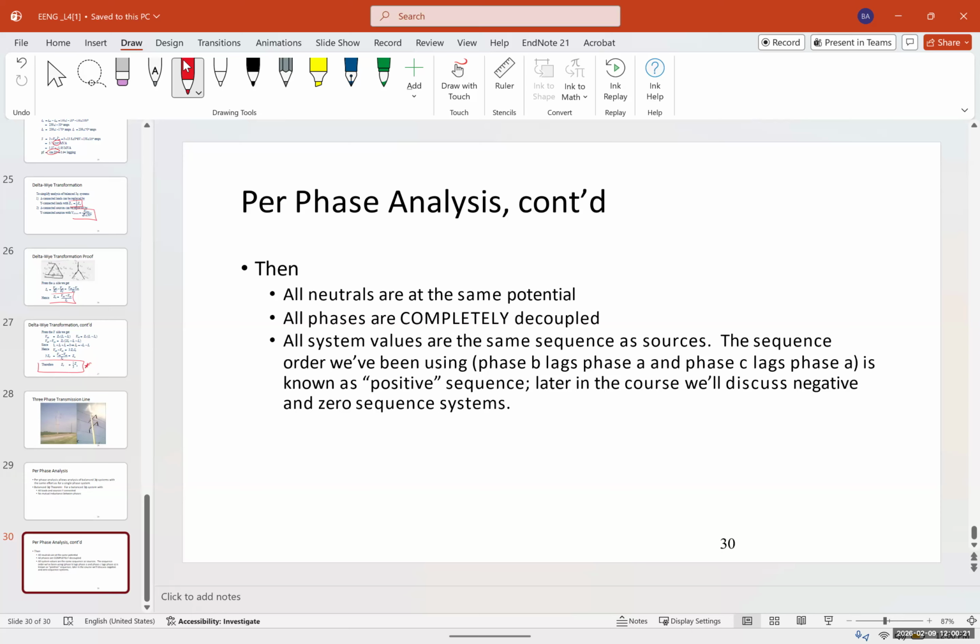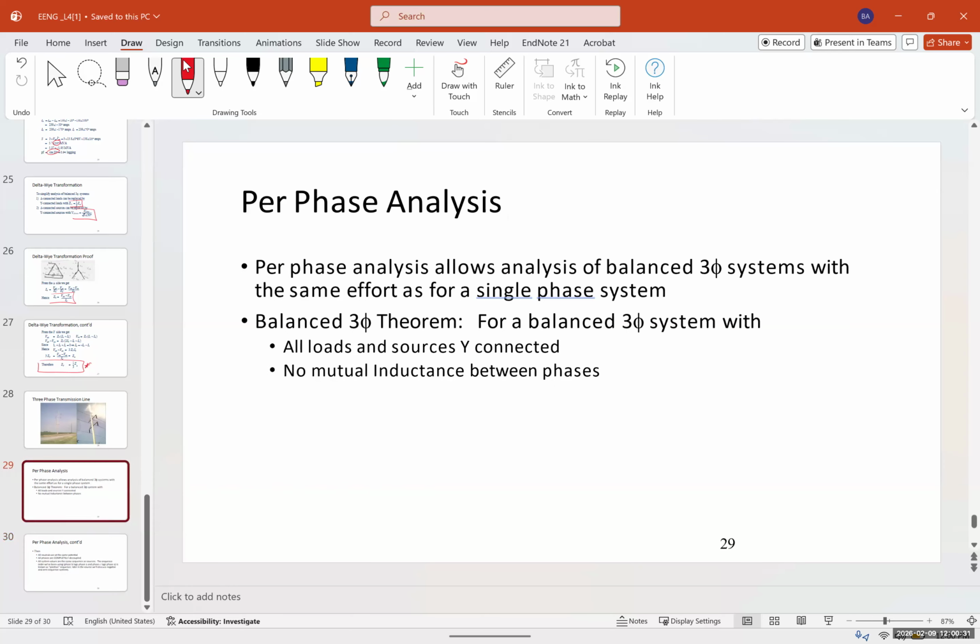So per-phase analysis, we do it for one phase, like a single-phase system. It's a Y-connected system, and we assume that all neutrals have the same voltage and there's no mutual inductance between phases.